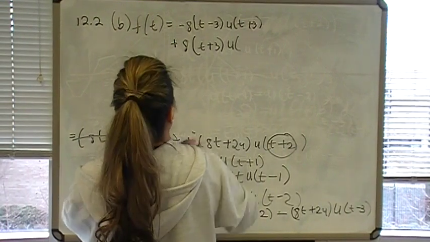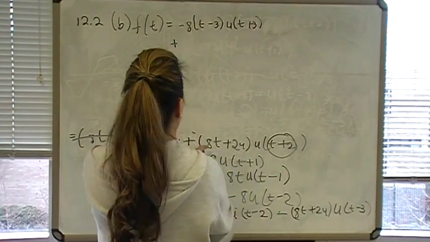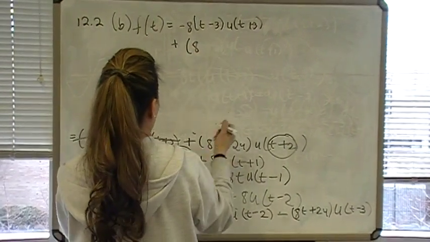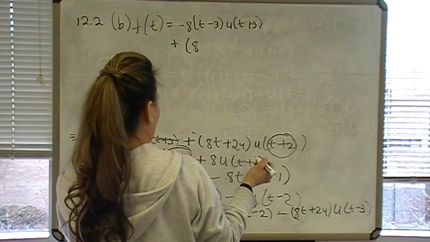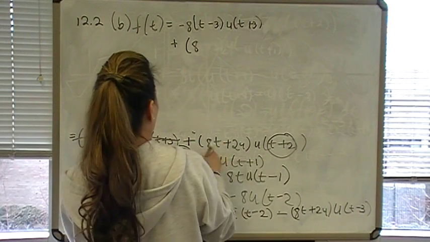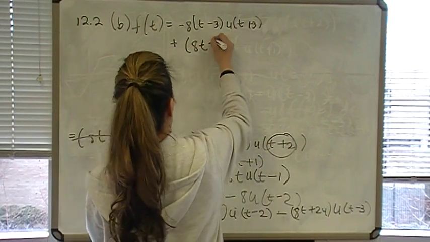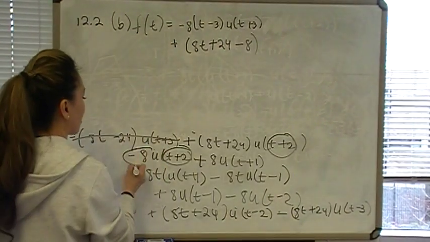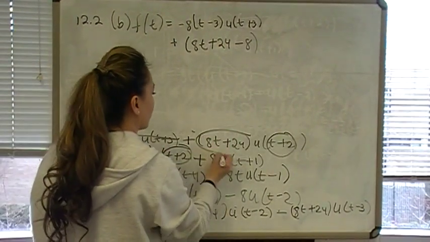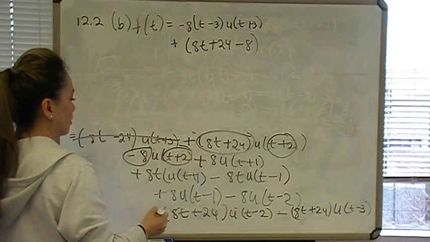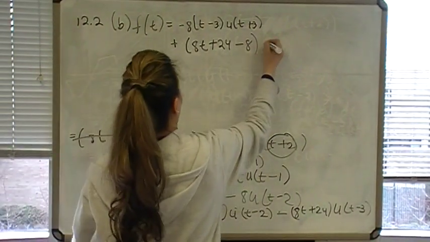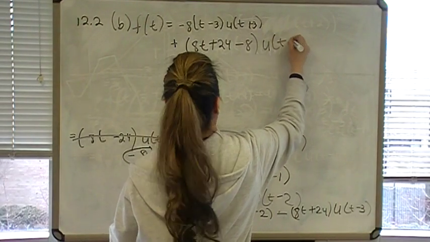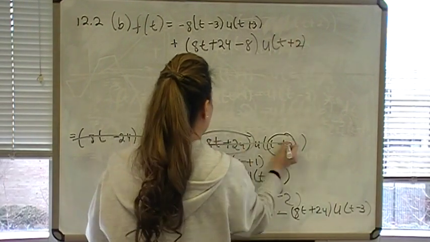So this is a coefficient, this is a coefficient, so we can combine the coefficient. So we have 8t plus 24 minus 8. Combining this coefficient with this coefficient because the u of t plus 2 is the same thing. So that gives me u of t plus 2. Now I'm done handling that term.